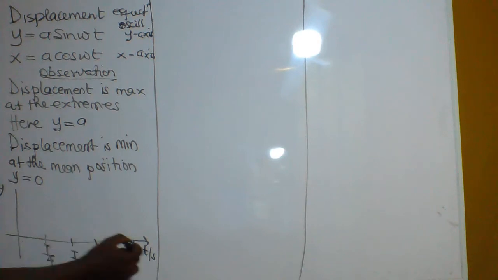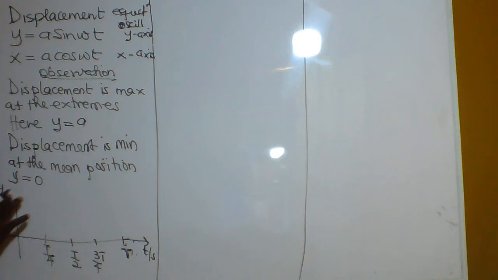So we are dividing the time taken to make a complete revolution into parts, quadrants.